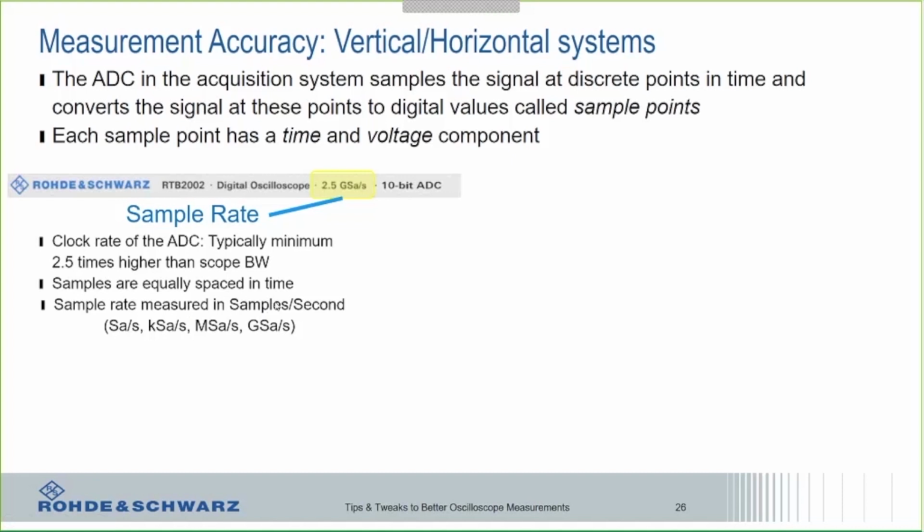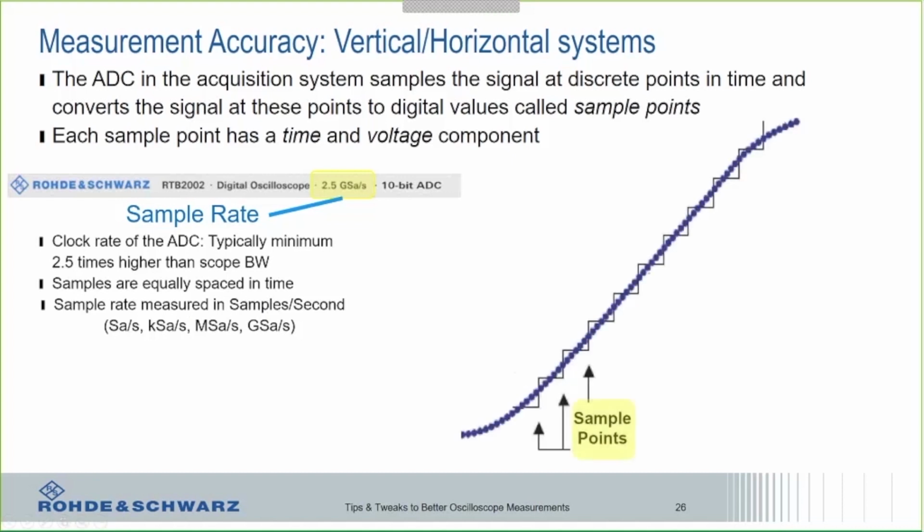And I'll talk about, again, where you have to worry about that and where you don't. But each of those samples are going to be spaced in time, and this is typically measured in samples per second. Almost every digital oscilloscope today is going to be measured in megasamples or gigasamples per second for the sample rate.